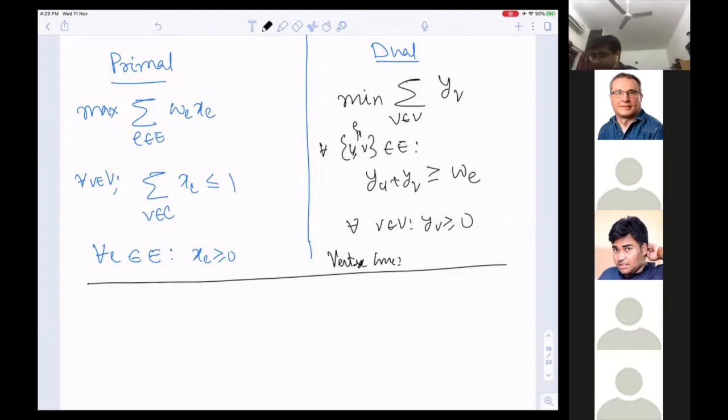But I have weights on edges, and I want you to come up with a fractional solution on vertices such that for every edge, yu plus yv is at least the weight of the edge. So like every edge has a weight, which, if you have a cardinality, is 1, so you pick some weights on the vertices such that it is at least we.